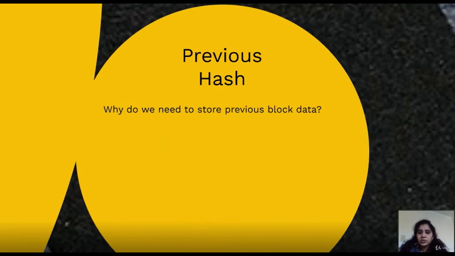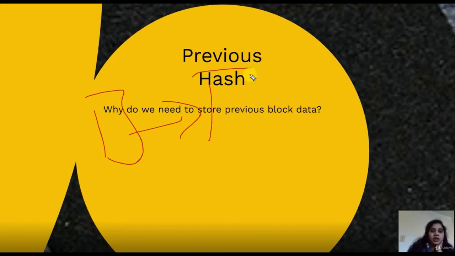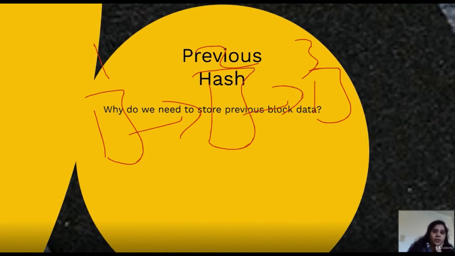So the reason why we need these previous hashes is, suppose the chain is connected like this: 1 is connected to 2 is connected to 3. So this is the previous hash, say hash 1, hash 2, hash 3.